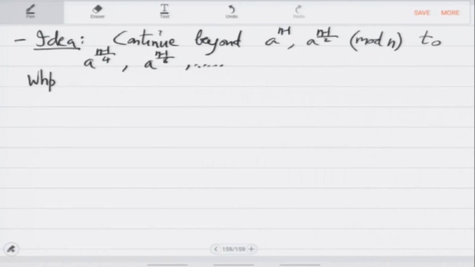So with high probability, we will see a square root of 1. Either a raised to n minus 1 was not 1, in which case you already know this is the Fermat test, so you will already know that n is composite. So let's start with 1.